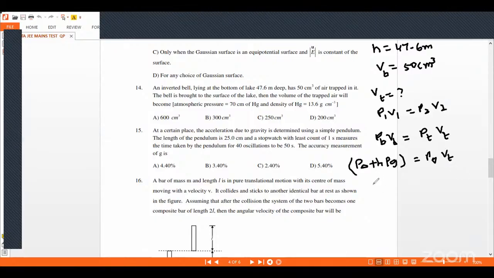So the volume at the top will be 1 plus H rho g by P naught times the volume at the bottom. They gave all the values, you can substitute the values. So the volume at the top will be approximately 300 centimeter cube. So it is option B.